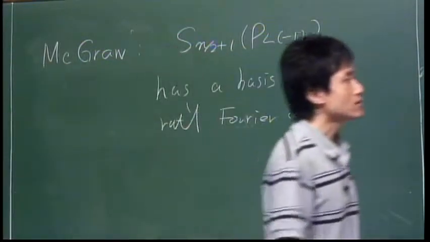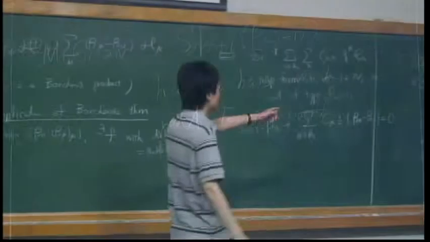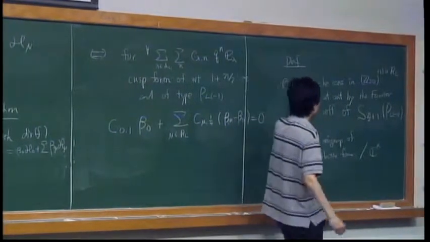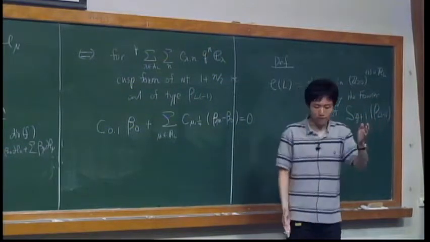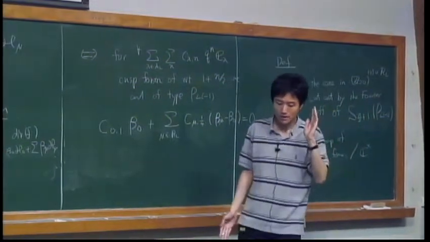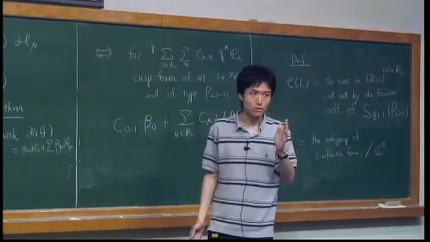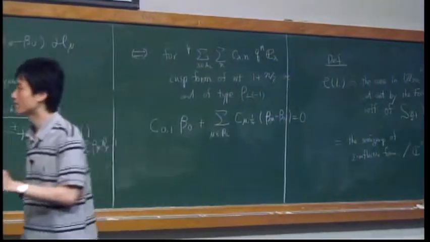So actually, this cone CL is cut out from this original semigroup by finitely many linear functions with rational coefficients.